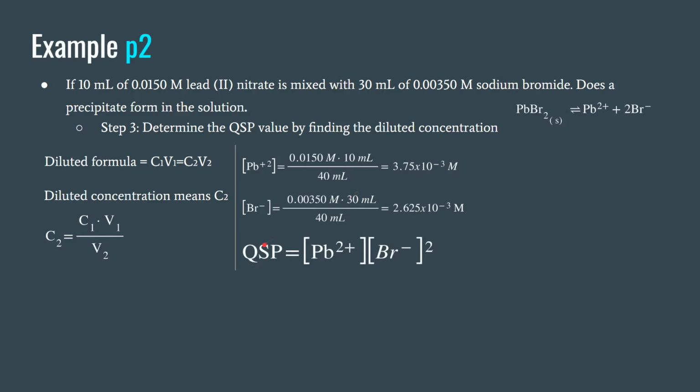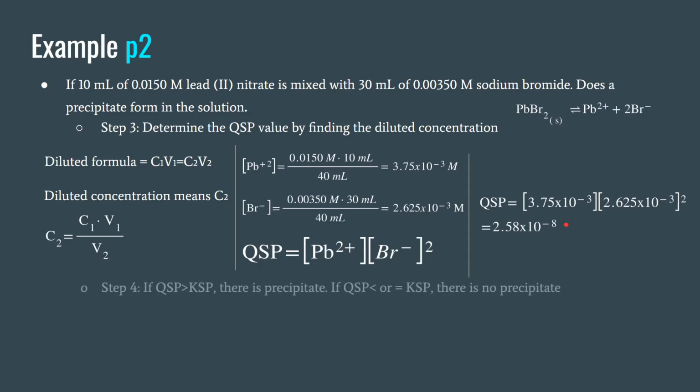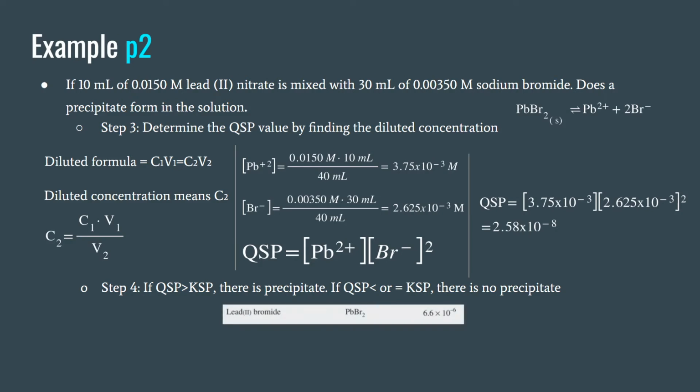And then for the QSP, it's the same way of organizing it. So once you have that equation, QSP equals Pb2 and then Br2, you actually just put in the numbers in here, and then you get 2.58 times 10 to the negative 8, which is your QSP. Now, if QSP is bigger than KSP, there is precipitate. If QSP is smaller or equal to KSP, there is no precipitate.